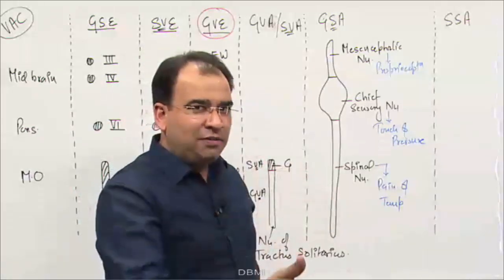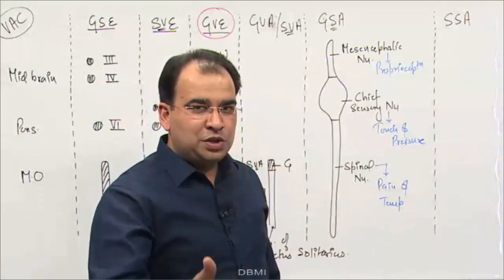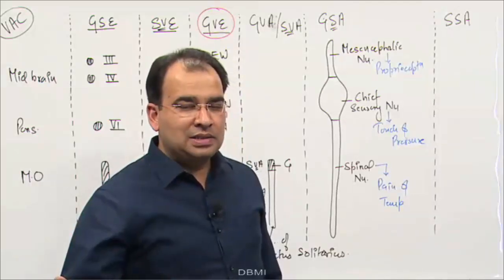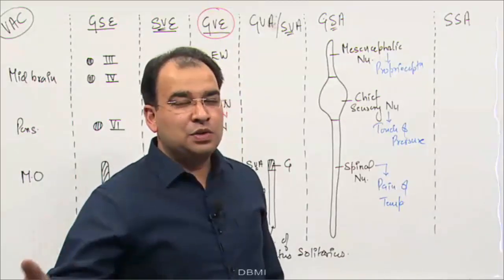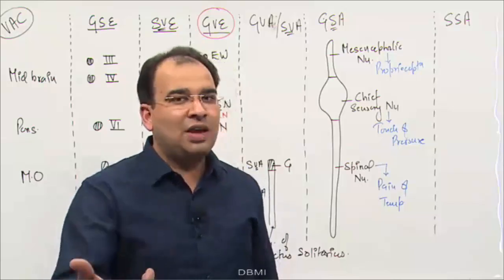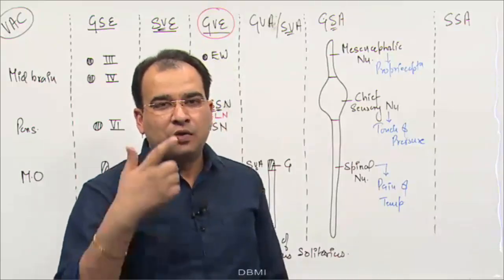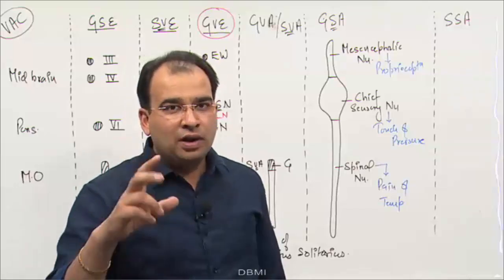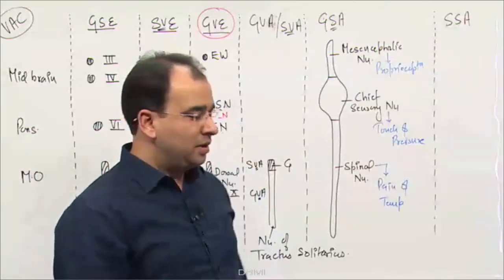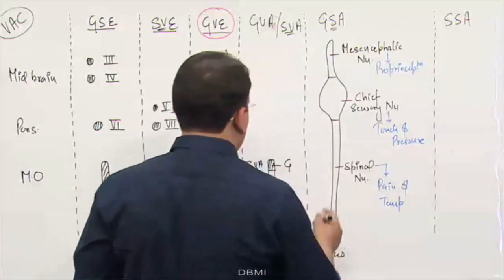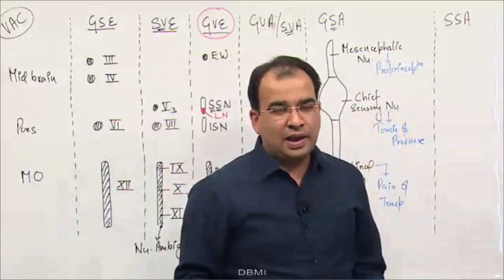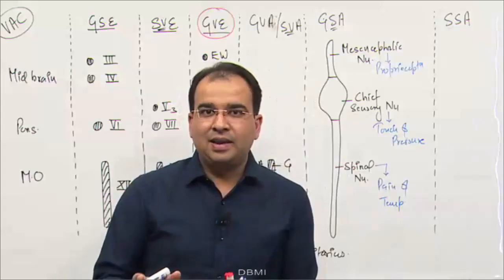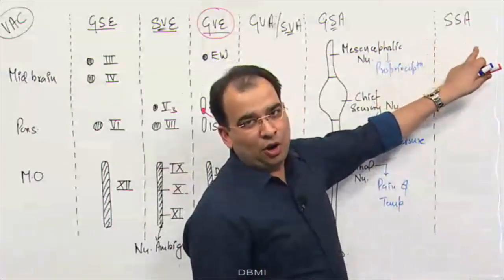But out of olfaction, vision, hearing and balancing, it's only hearing and balancing which have cranial nerve nuclei. We do not have cranial nerve nuclei, as we already said, for the olfactory and optic nerve, but we do have cranial nerve nuclei for hearing and balancing, that is vestibulocochlear. So the vestibulocochlear nuclei are the only nuclei which come under the SSA column.